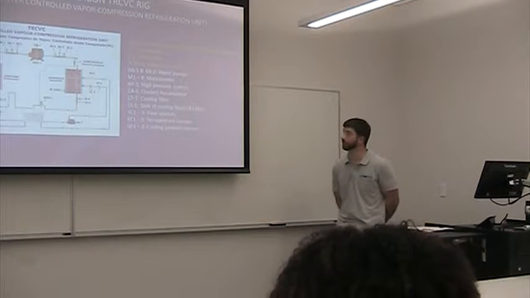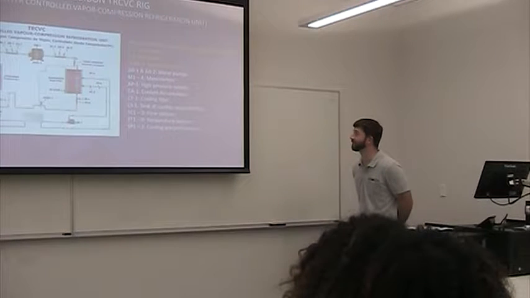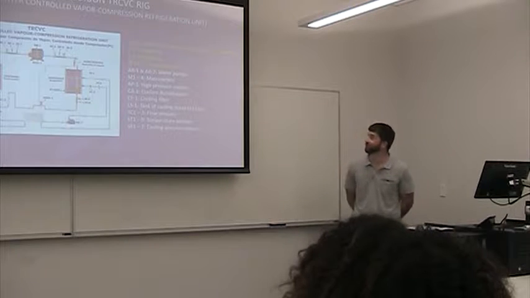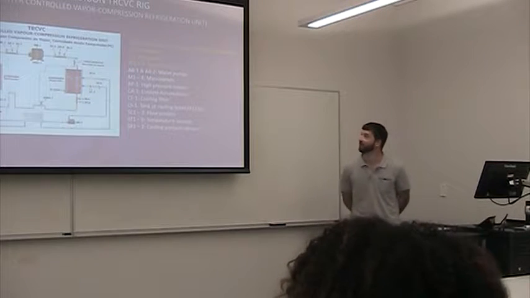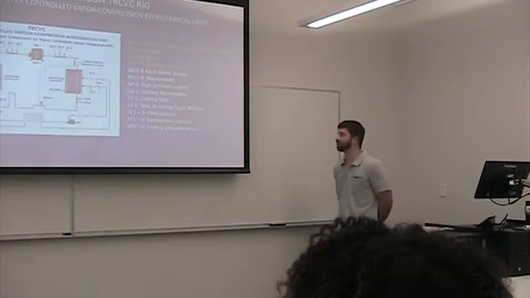So this is a diagram of the Edibon TRCV rig, also known as the computer-controlled vapor compression refrigeration unit. This is what we're going to be using in the lab, and as you can see, there are many components to it.